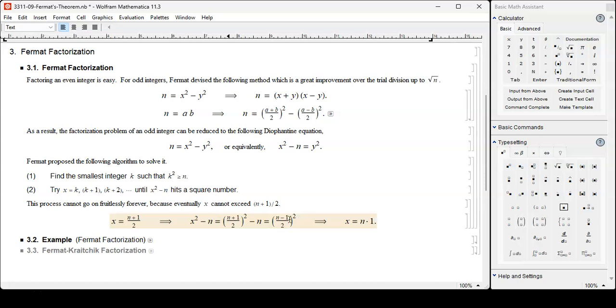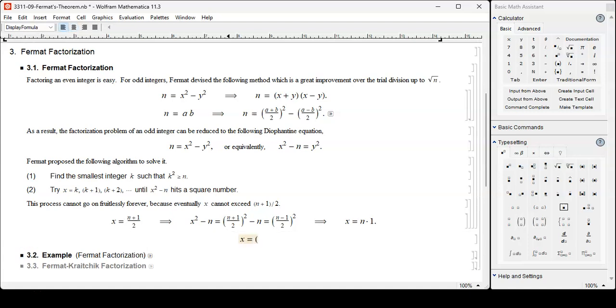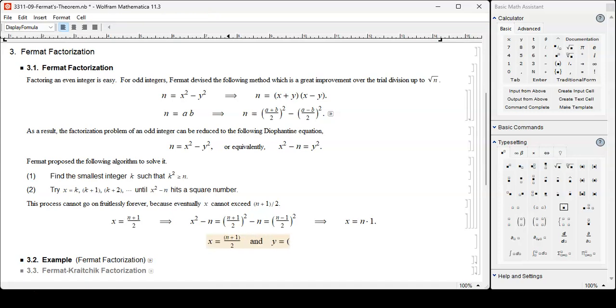So x is n plus 1 over 2, and y is n minus 1 over 2, then x plus y is n, and x minus y is 1. So we end up with the trivial factorization n times 1. So if something like this happens, then there's no factorization. So the target odd number is a prime.